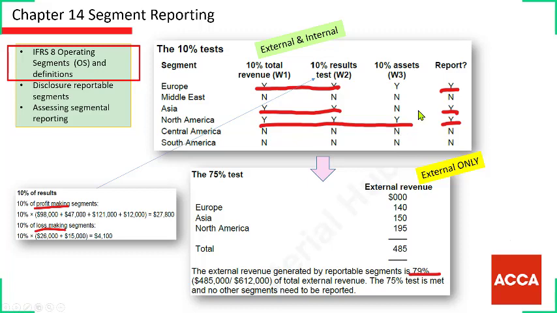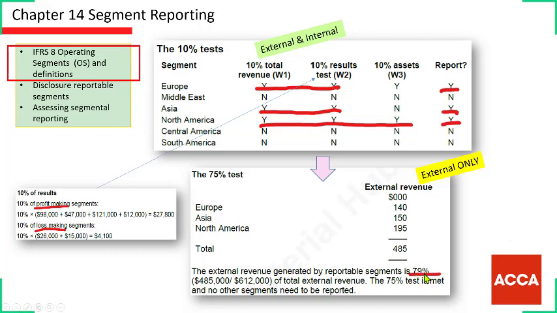Okay. So that means we have 3 segments: Europe, Asia, and North America. And together, we should add up the total external revenue, and the total external revenue is 79%.